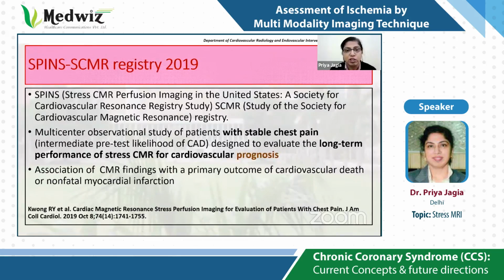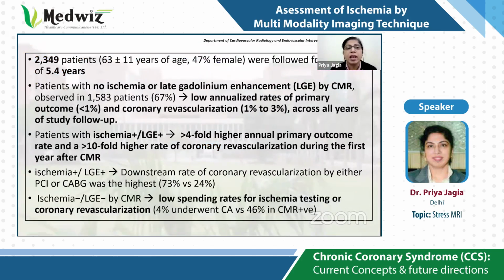This is the latest 2019 study. This is a US-based study, and again it talked about the prognostic value of the stress cardiac MR, and it looked at a large 2,349 patients who were followed for 5.4 years.